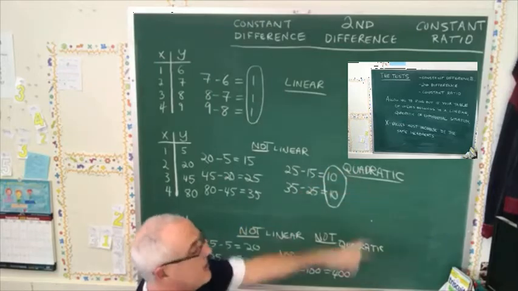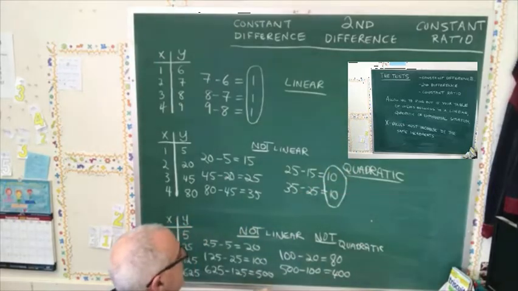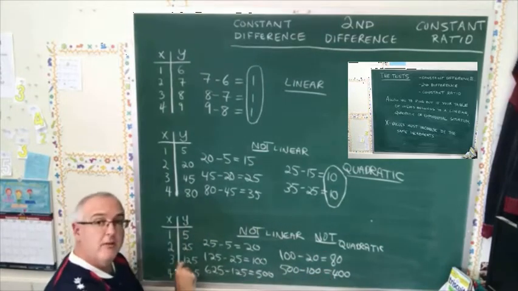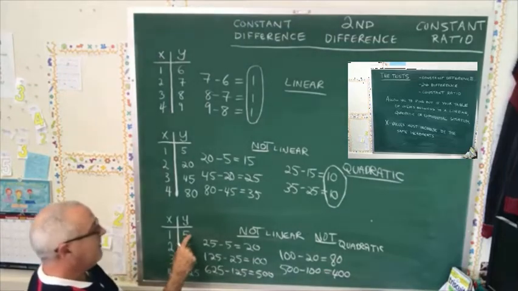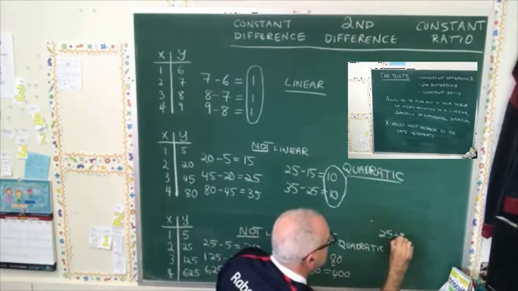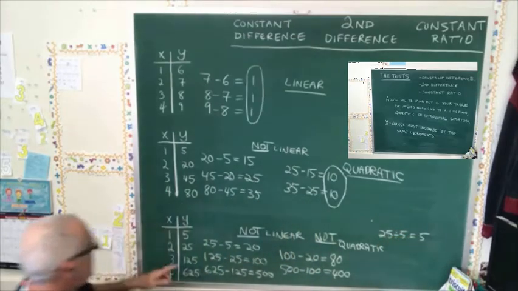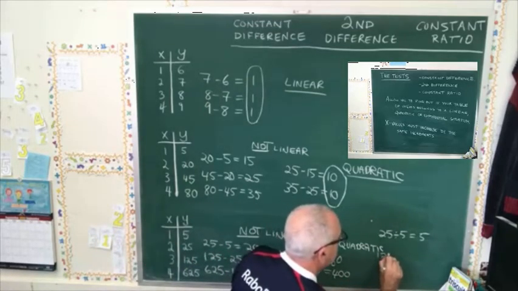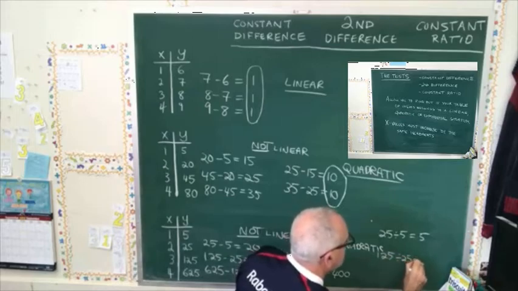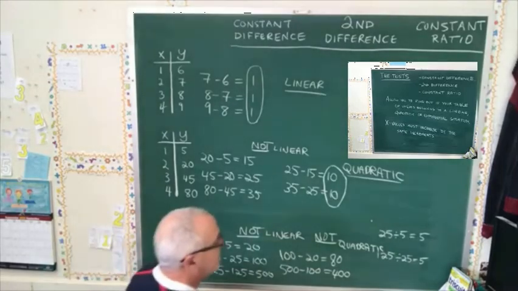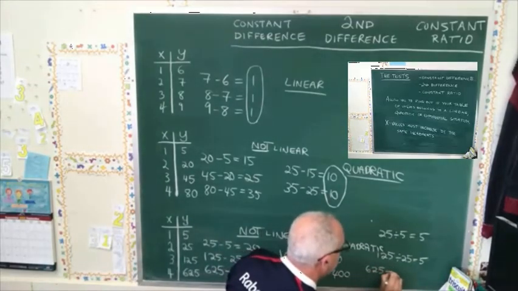And then we do the constant ratio test. I'm running out of room, but I think I can fit it. For constant ratio, we don't reuse any of these numbers. We go back to our original y values, and we are doing 25 divided by 5 equals 5. 125 divided by 25 equals 5. 625 divided by 125 equals 5.